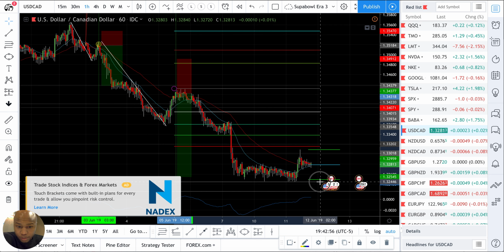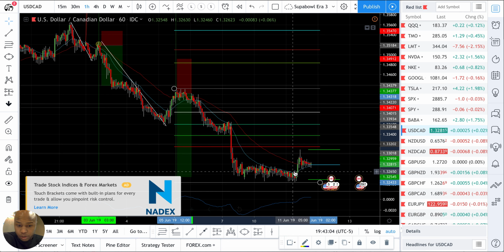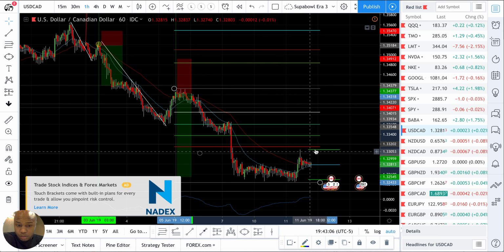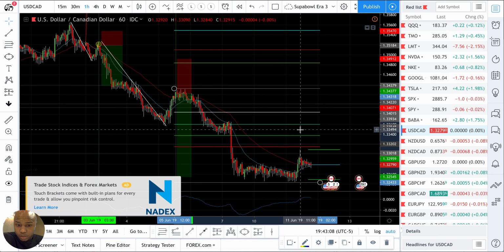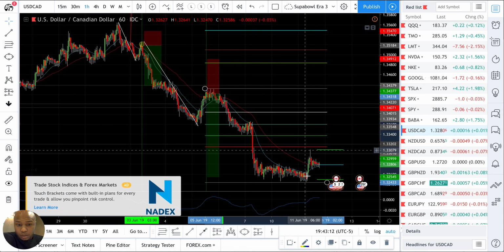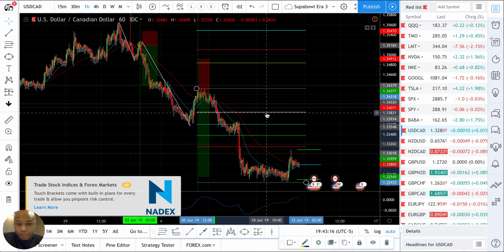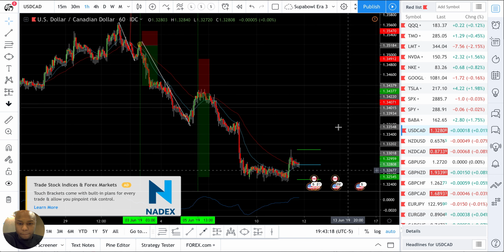We go down to here for a play, but I don't like this. I would not trade this because we're consolidating right here. That's not good enough for a pullback. I want it to actually pull back. I don't want it sideways and then hope that the momentum's going in the right direction here. So anyways, that's that play.